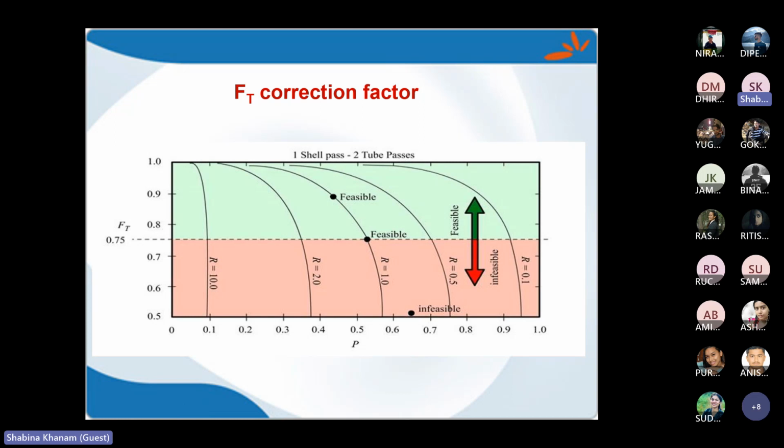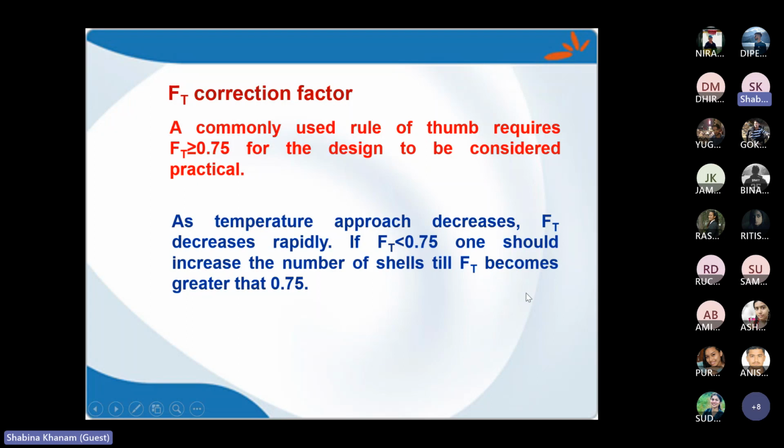So that is also the case. So it is better to consider an FT value of more than 0.75. The number of shells you need to increase. Okay, so that is about the FT correction factor.